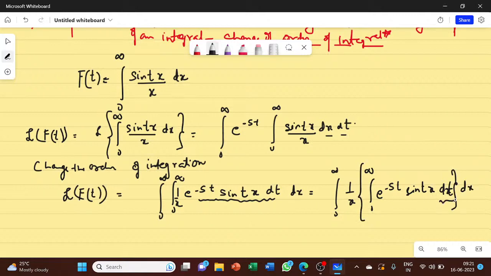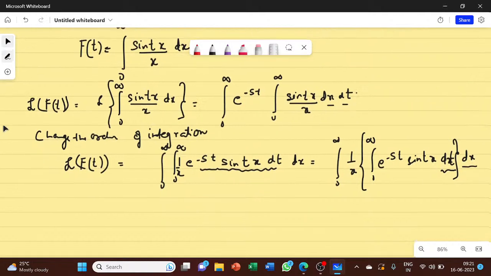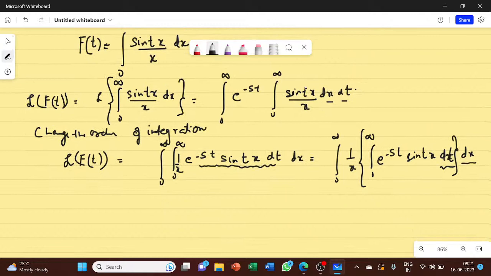This is how the change of order of integration will help you. Eventually you can do it using complex integrals also, but right now I'm interested in using the less difficult approach. So let's do that.